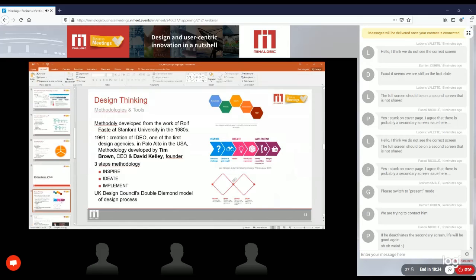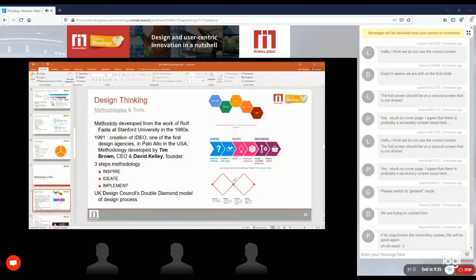Next slide. Thank you. So by methodology, we automatically think of design thinking. This methodology was developed at Stanford University in the 1980s, but the spread of this methodology is due mainly to the American firm IDEO, which was the first design agency to develop this methodology at large scale. To summarize this methodology, we have three main steps.